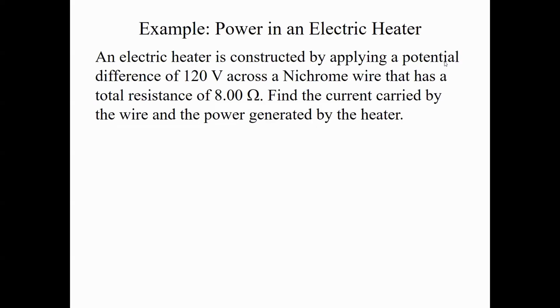So I want to do an example here. We have an electric heater constructed by just applying a potential difference of 120 volts across a nichrome wire that has a total resistance of 8 ohms. We want to find the current carried by the wire and then the associated power generated by the heater.